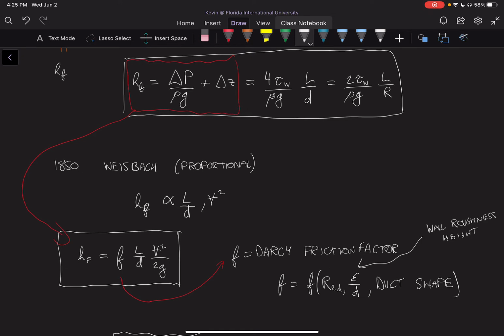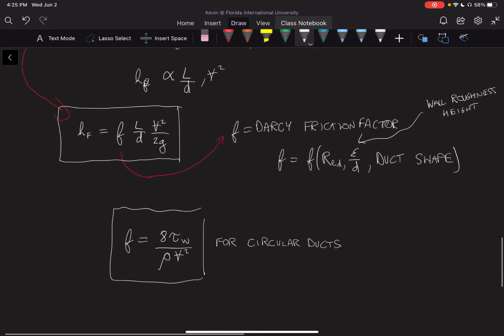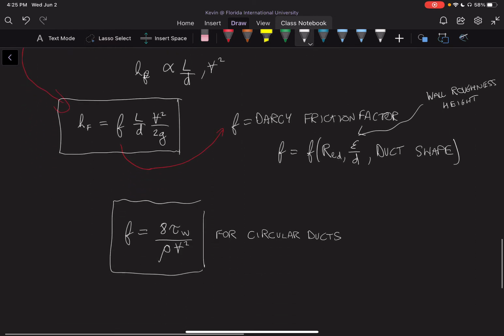But we need to know the Darcy friction factor. And the Darcy friction factor is itself a function of Reynolds number, the wall roughness, and the duct shape. Now, moving further, if you assume that you have a circular duct, you can also say that the Darcy friction factor is 8 times tau of the wall over rho v squared.